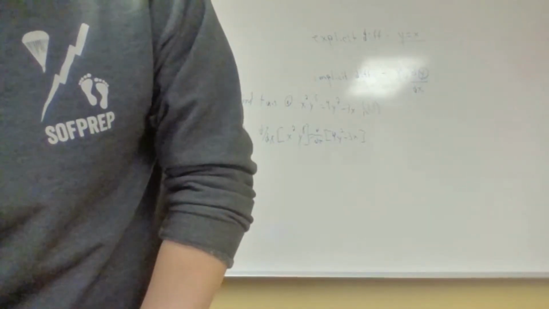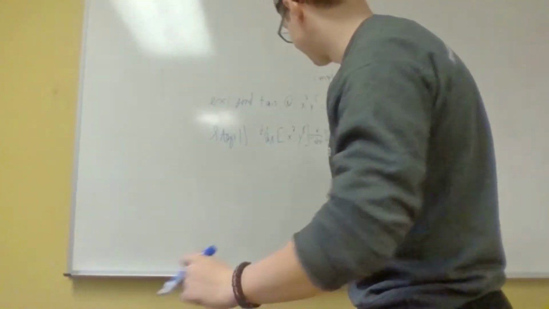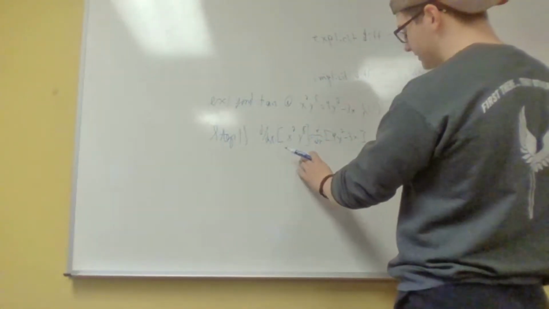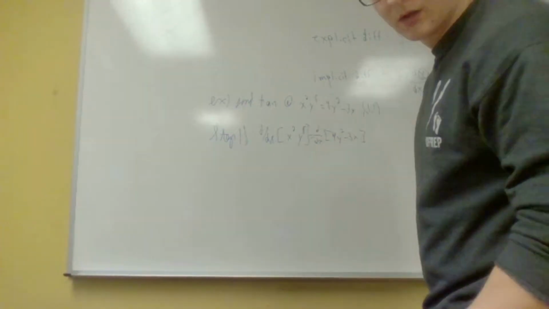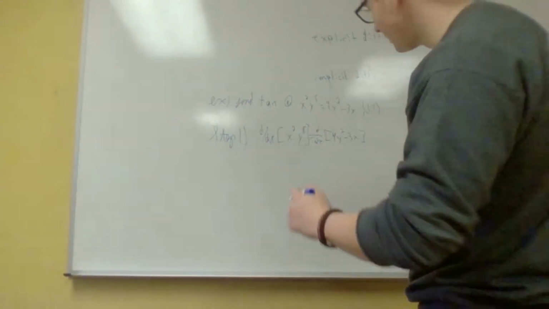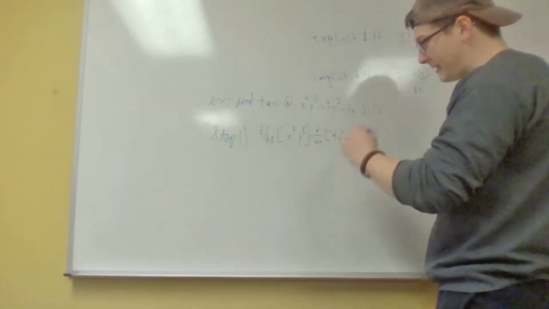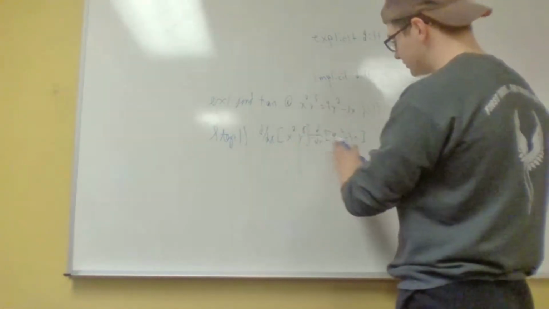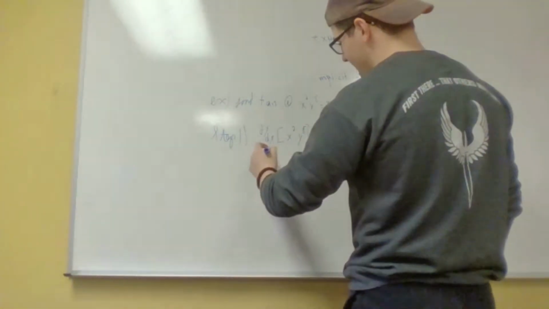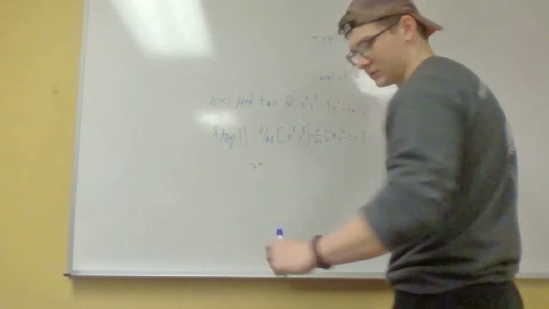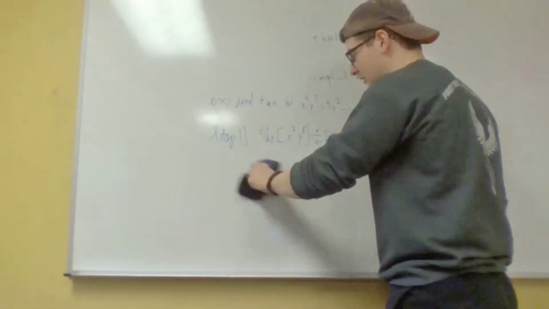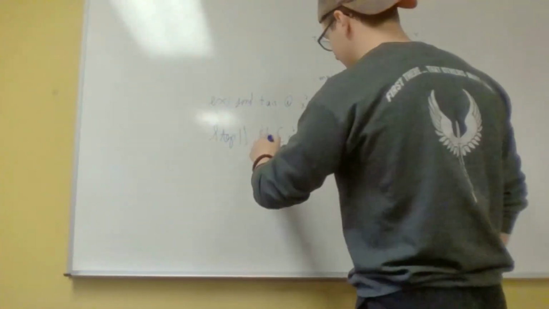So you can use the product rule here, and then the addition and subtraction rule here. So product rule, addition, subtraction rule. So we can take 2x. Oh no, hold on. Clearly need more work.